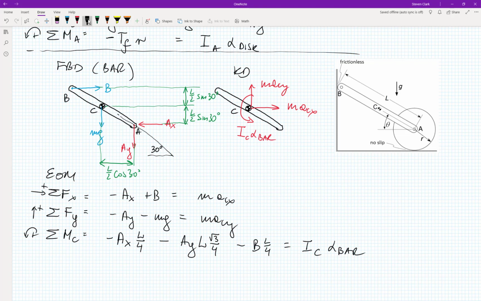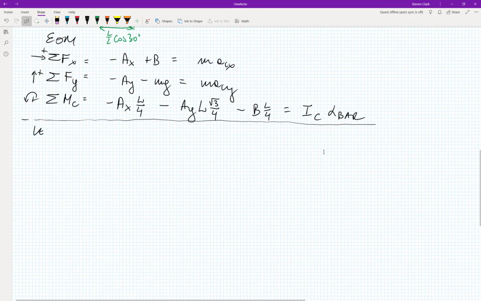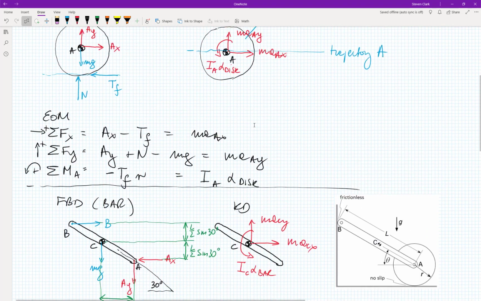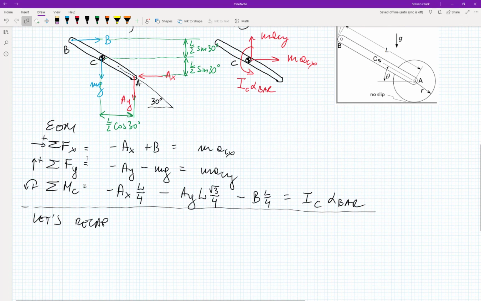Ooh. Okay, guys, we're done with our FBD and EOM. Let's recap. Unless there are questions, let me know if there are questions. So I'm going to take these three equations and put them here.